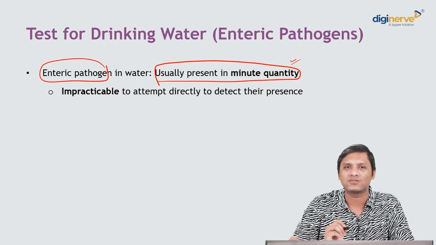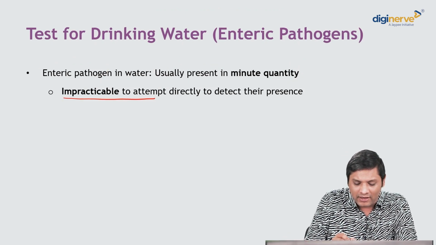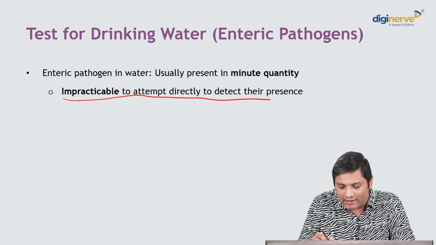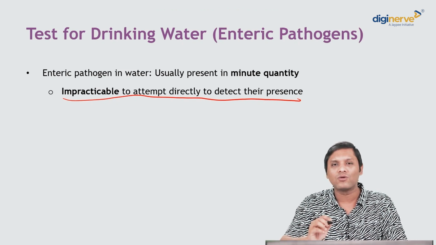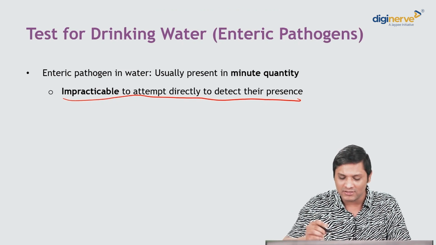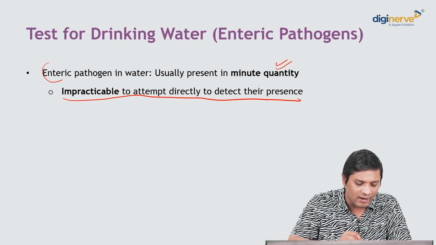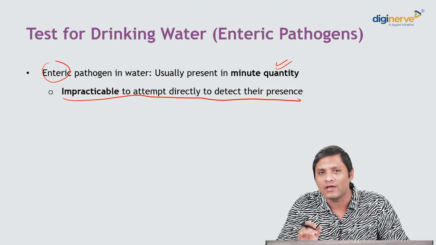Therefore, it is impracticable to attempt to directly detect the presence of enteric pathogens by routine bacteriological examination of water, because Shigella, Salmonella and Vibrio are present in very minute quantity.